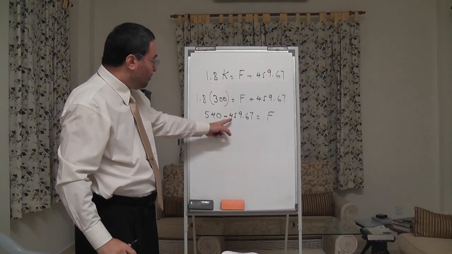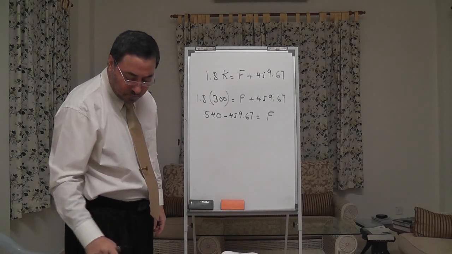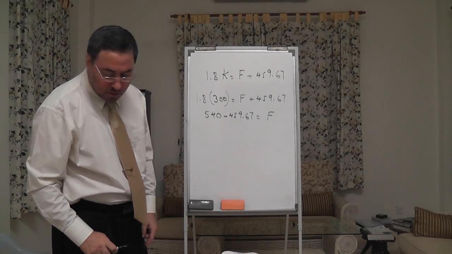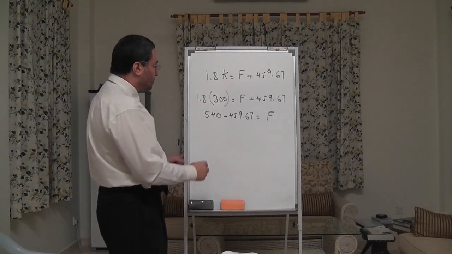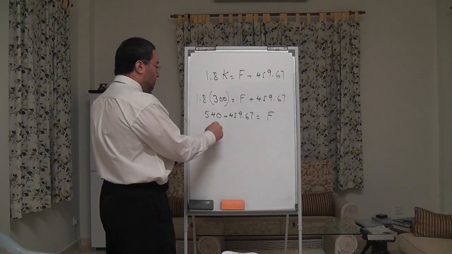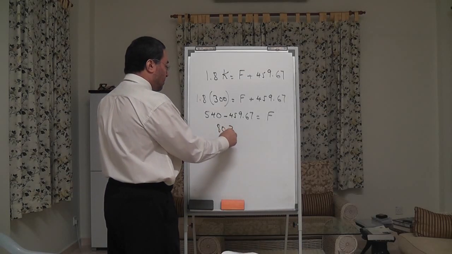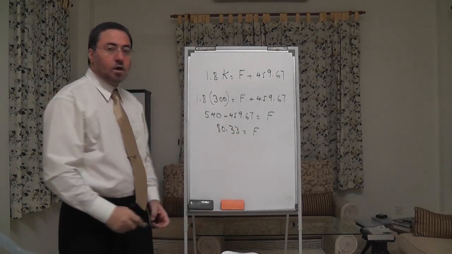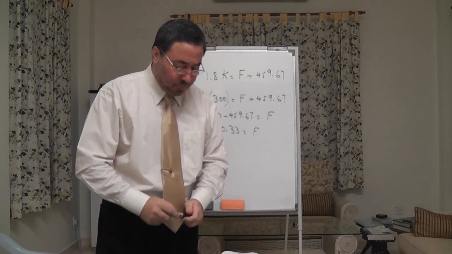That's 540 minus 459.67, and we get 80.33. Which is a comfortable degree.